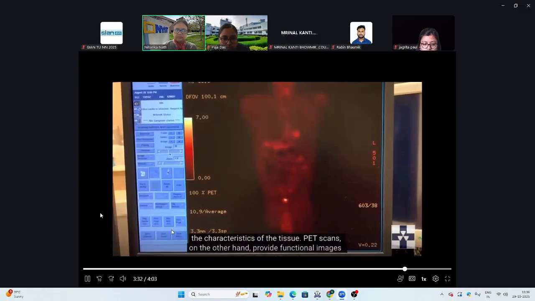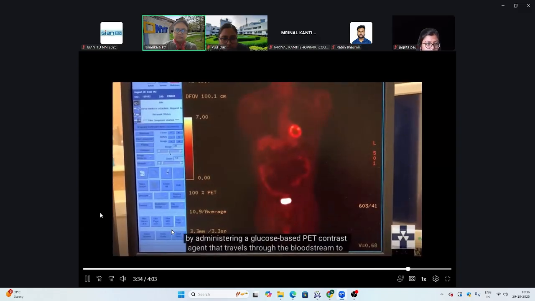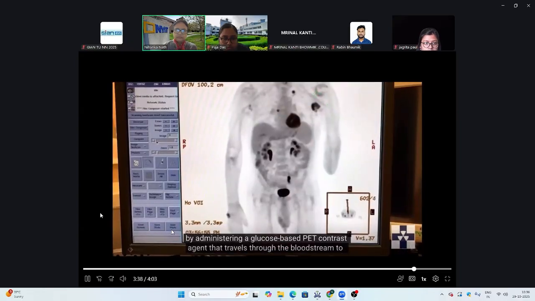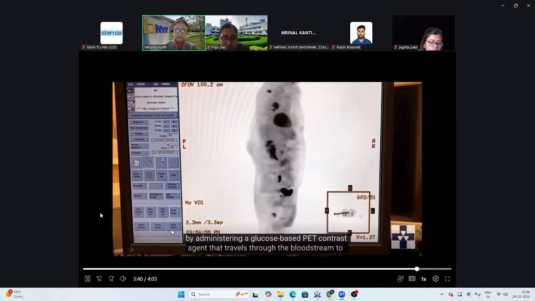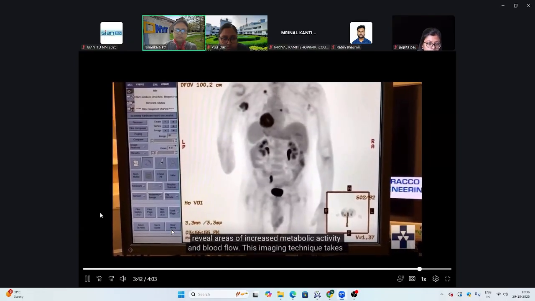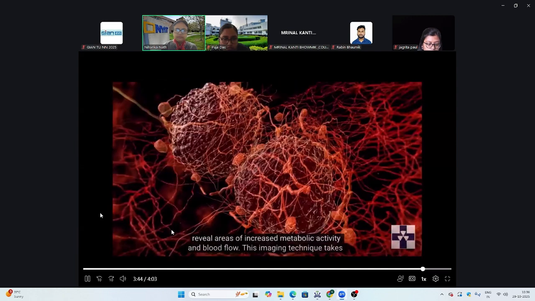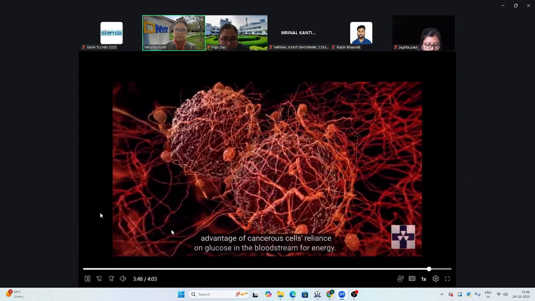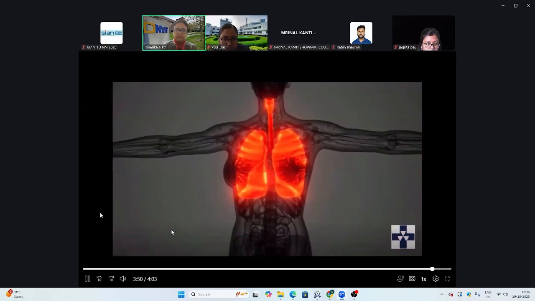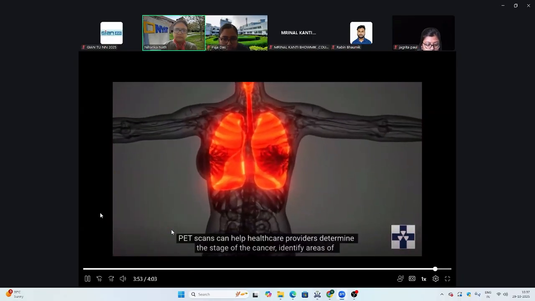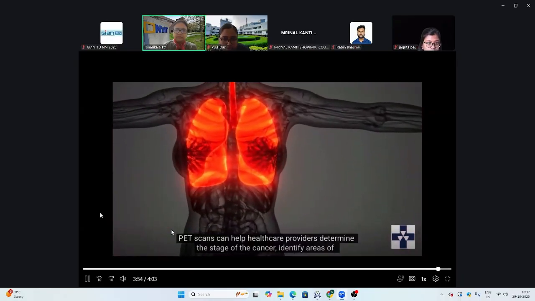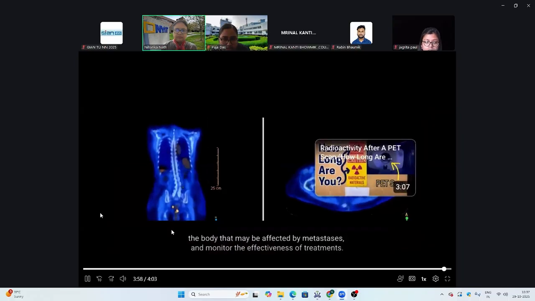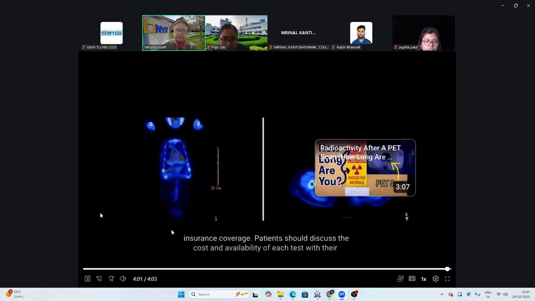PET scans, on the other hand, provide functional images by administering a glucose-based PET contrast agent that travels through the bloodstream to reveal areas of increased metabolic activity and blood flow. This imaging technique takes advantage of cancerous cells' reliance on glucose in the bloodstream for energy. PET scans can help healthcare providers determine the stage of the cancer, identify areas of the body that may be affected by metastasis, and monitor the effectiveness of treatments.